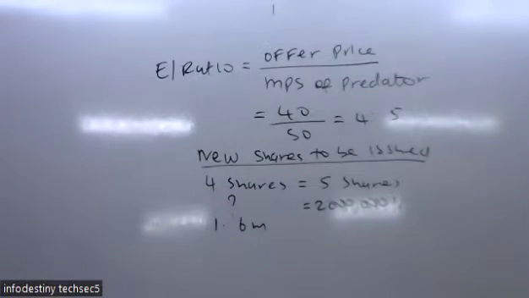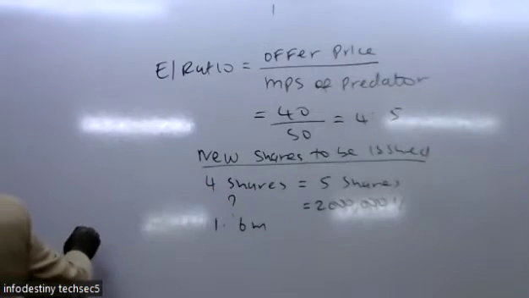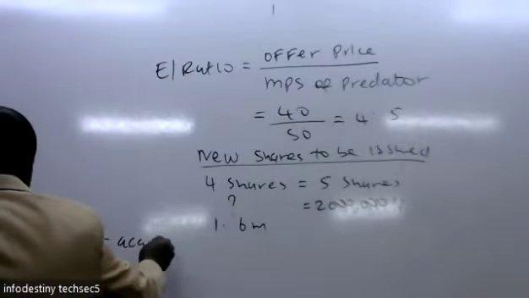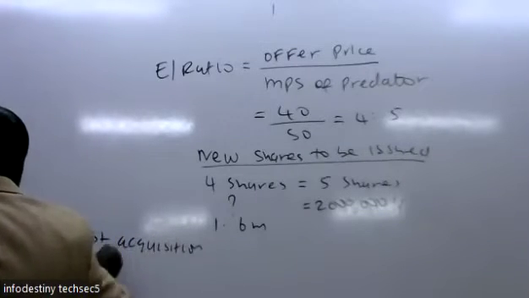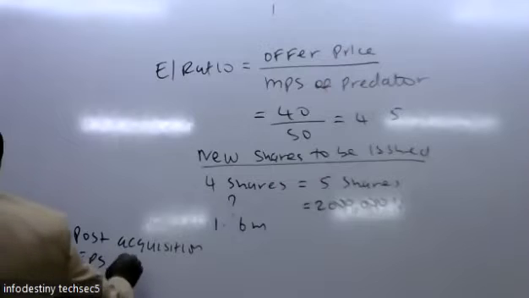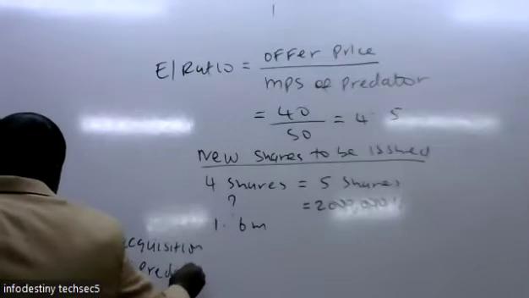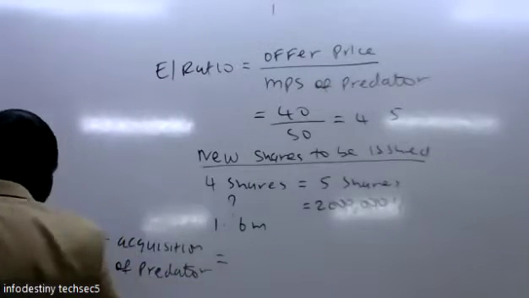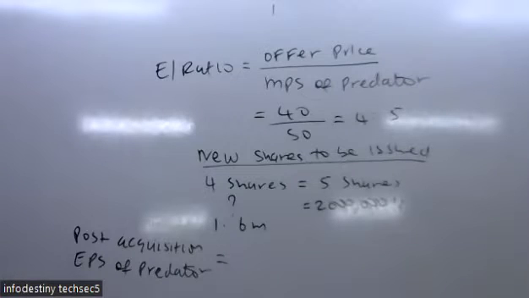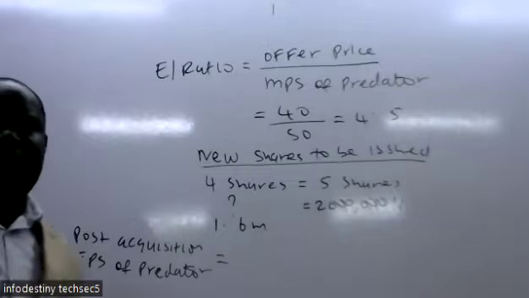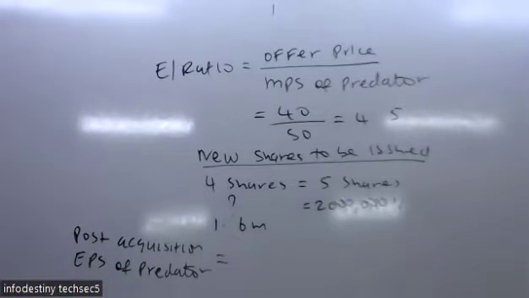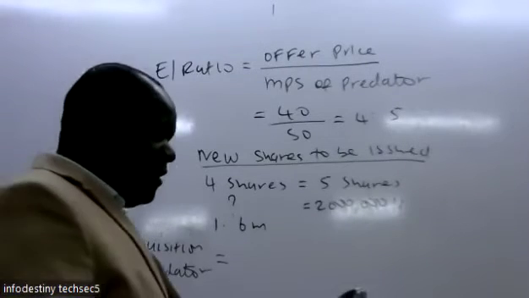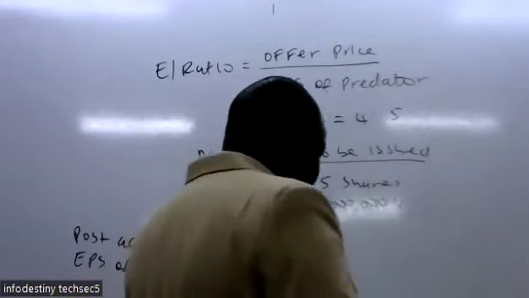So we are computing the post-acquisition earning per share of the predator. It is given by the combined earnings, as we know from that formula, divided by the number of ordinary shares of the predator plus the new shares to be issued. Combined earnings, you simply add the net earnings for both. Chilulu, it is how much?